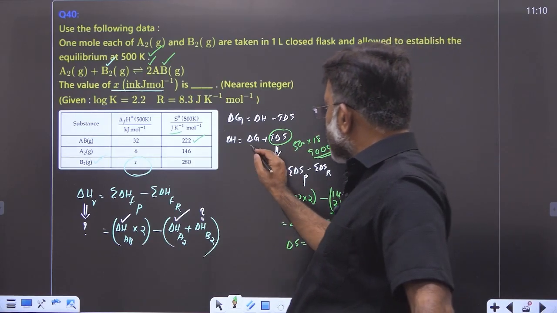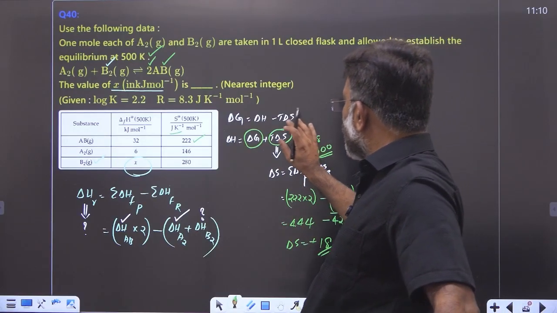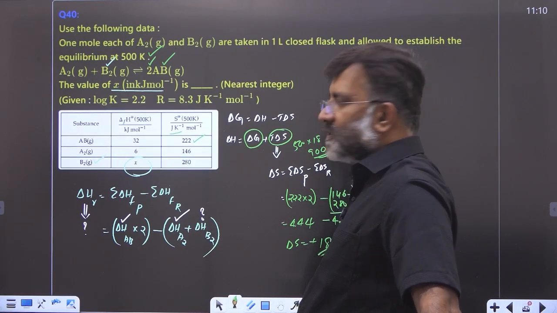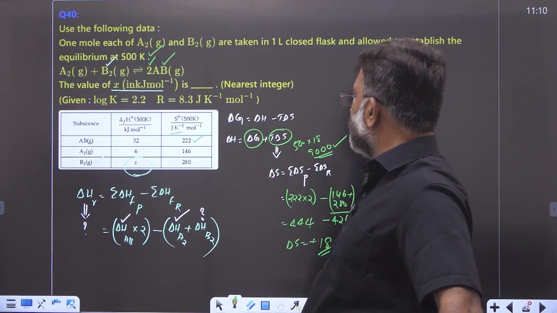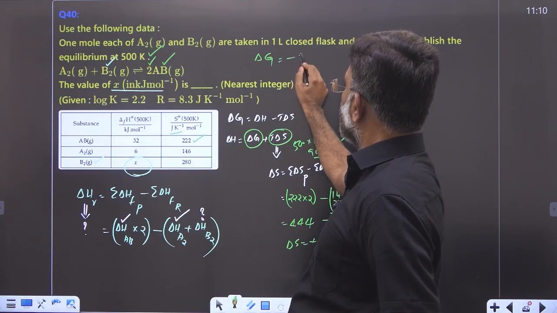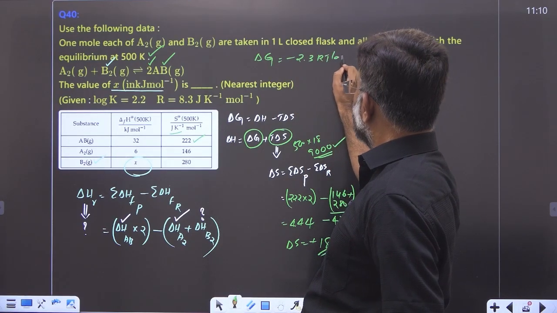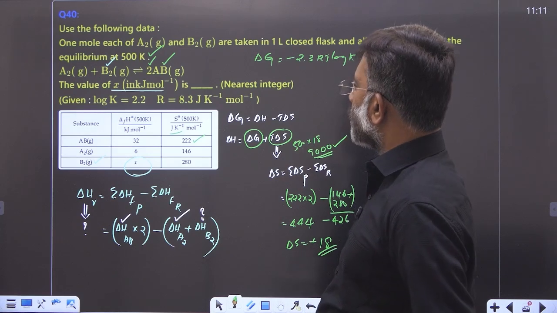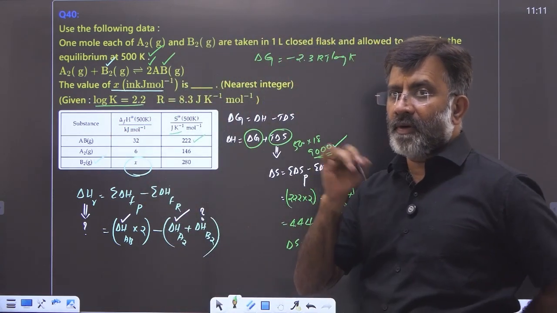Now we need to get delta G. So now T delta S is over, it is 9,000 joules. How to get delta G? Delta G equals minus 2.303 RT log K. Here log K is available, log K is given in the question.